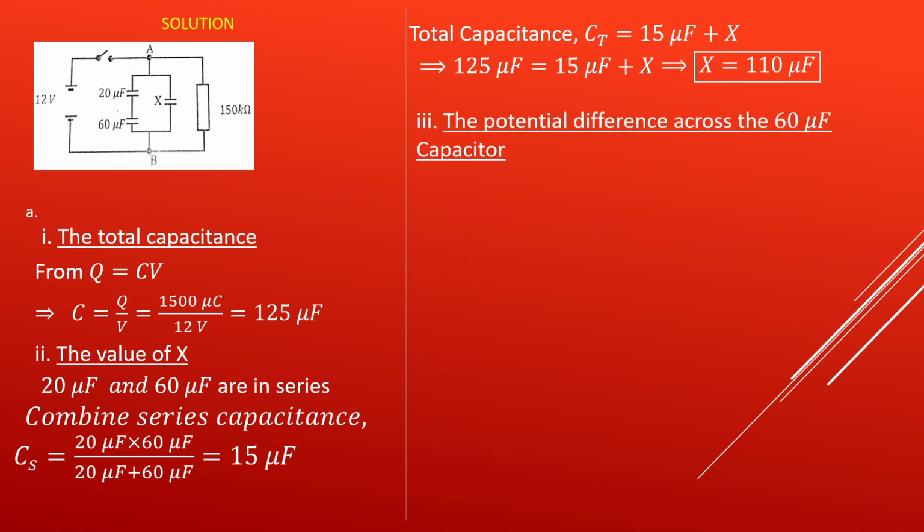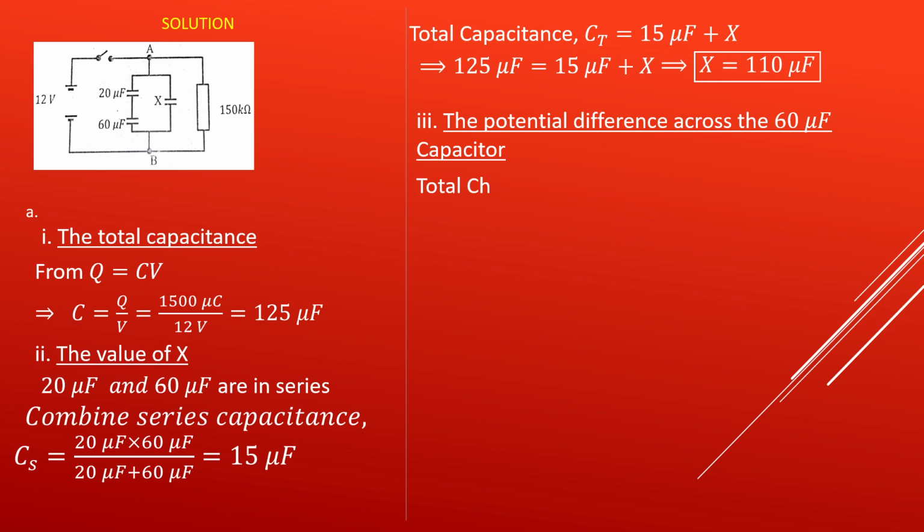Roman 3, the potential difference across the 60 microfarad capacitor. To calculate it, we know that the charge stored across the series connection of capacitors is the same. So the charge that the 20 microfarad capacitor contains is the same charge in the 60 microfarad capacitor.